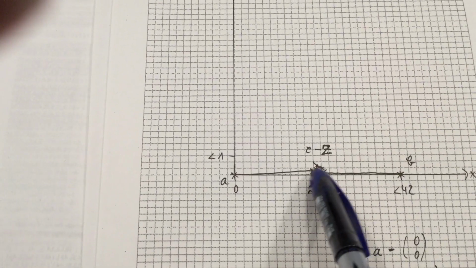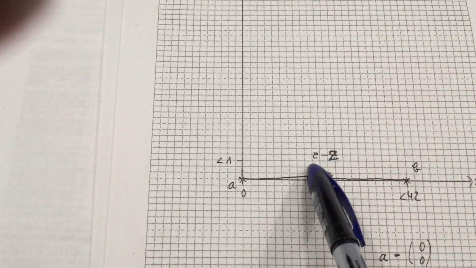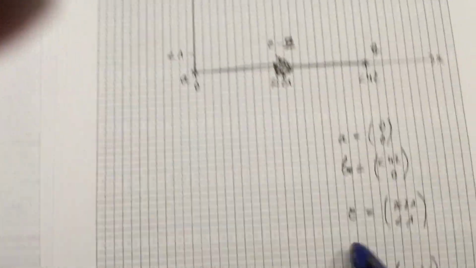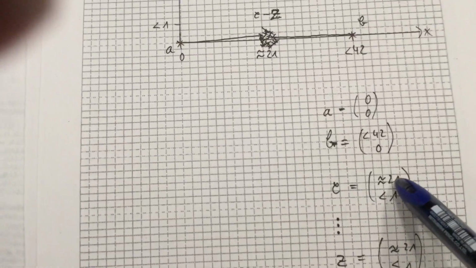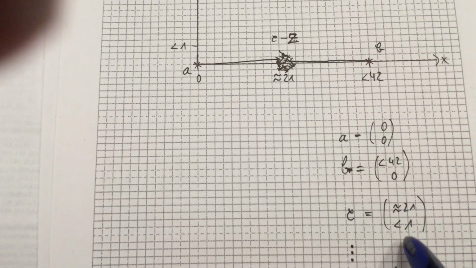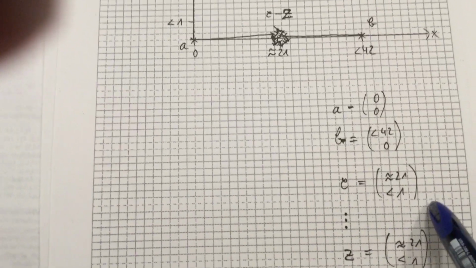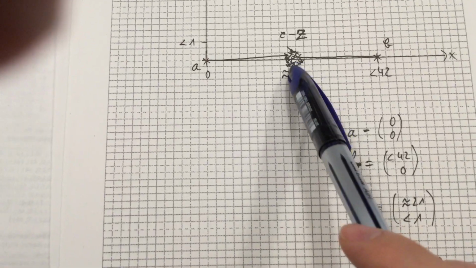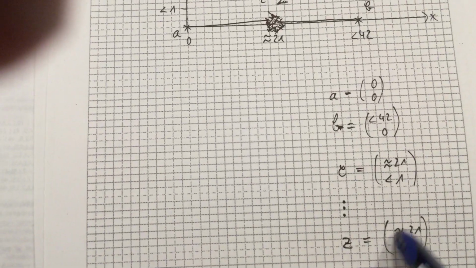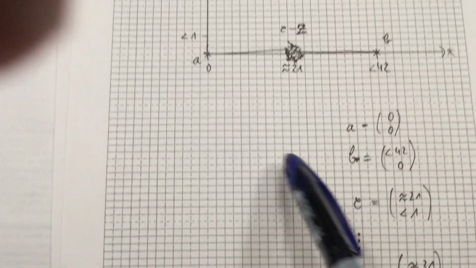And then we have a lot of dots in the middle here, C to Z, so C, D, E, F, G, H, I, J, K, L, M, N, O, P, Q, R, S, U, and so on, which are all at about 21 in X direction and smaller than 1 in Y direction. I even have some below the X-axis that wasn't meant to be. And so all these dots C to Z are about at that position.